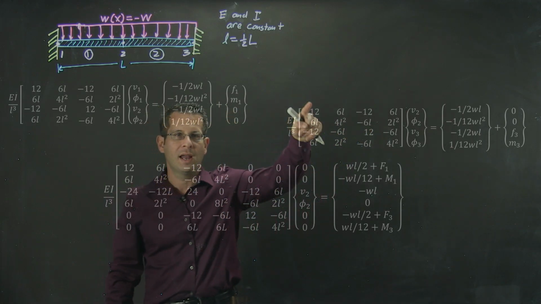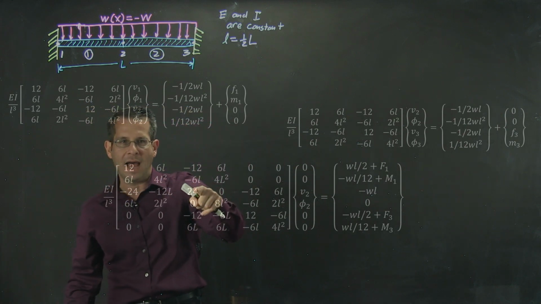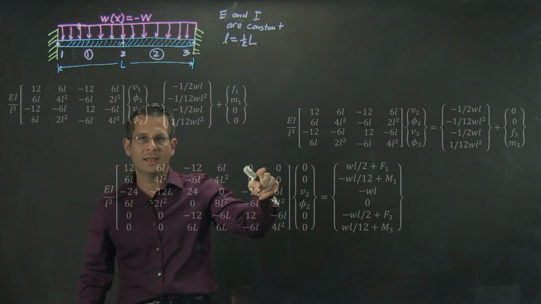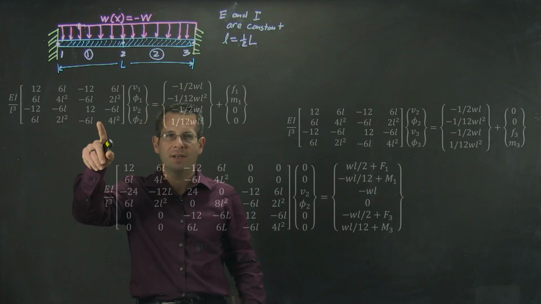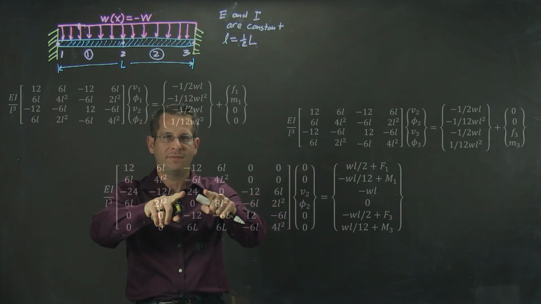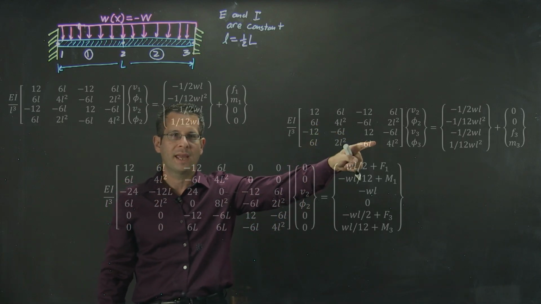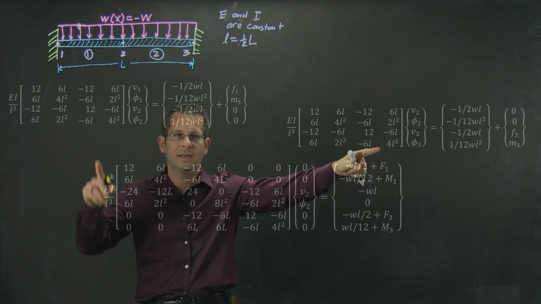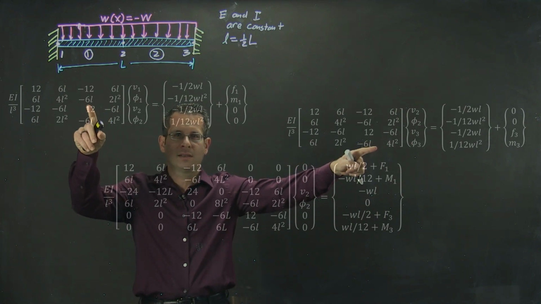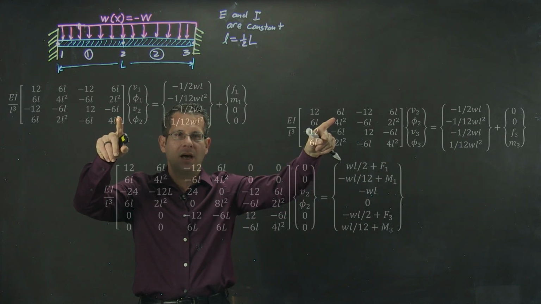The 4 elements here and these 4 elements here get added together. In this case, I have a 12 and I have a 12. So I get 24. I have some terms that will cancel each other out. Negative 6L, 6L will cancel out.